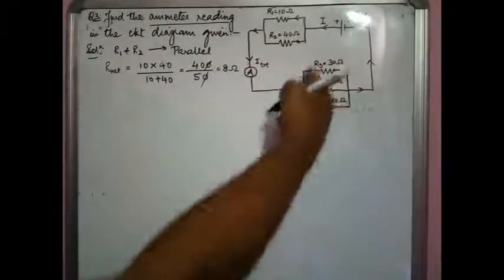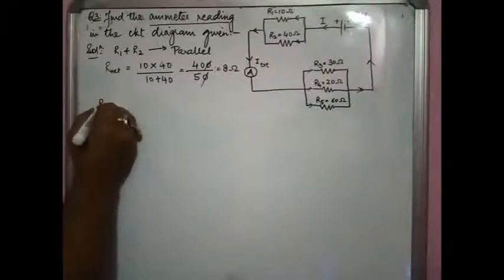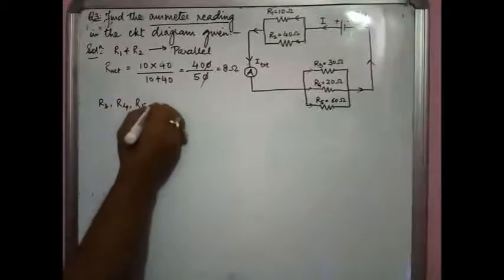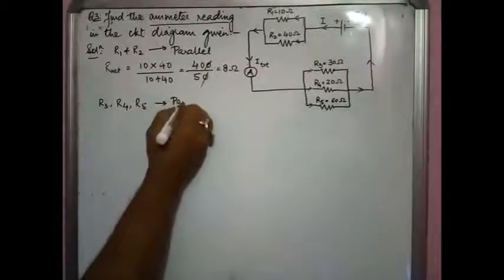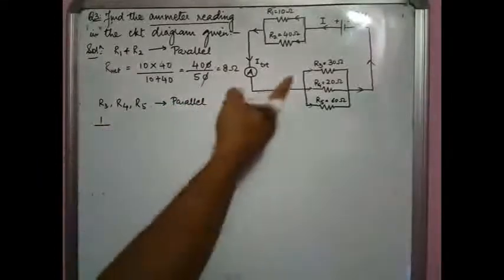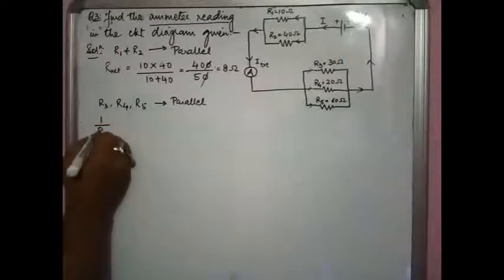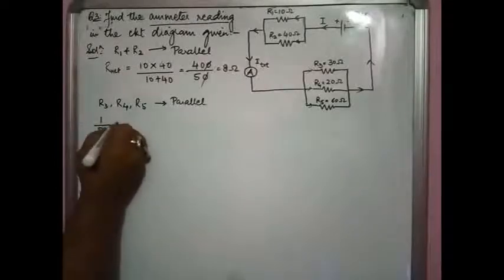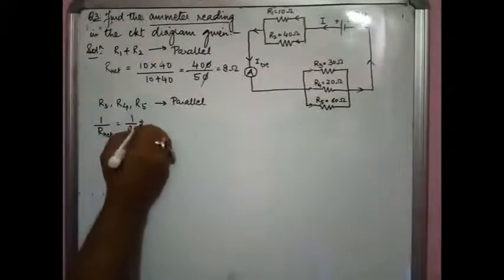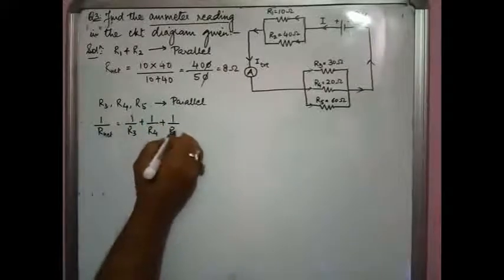Similarly, for this portion, R3, R4, R5 are also in parallel. Since these are three resistances, you can't apply R1 into R2. You will have to use the main formula, which is 1 upon R net equals 1 upon R3 plus 1 upon R4 plus 1 upon R5.